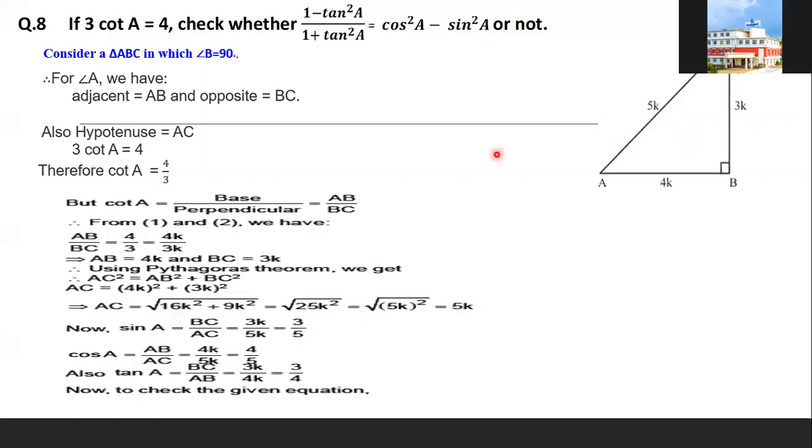Sin A is what, children? Opposite by hypotenuse, 3 by 5. Then next to find cos A. Cos A is adjacent by hypotenuse. Are we getting 4 by 5 here? Yes, ma'am. Next here we need tan A. Tan A is what?